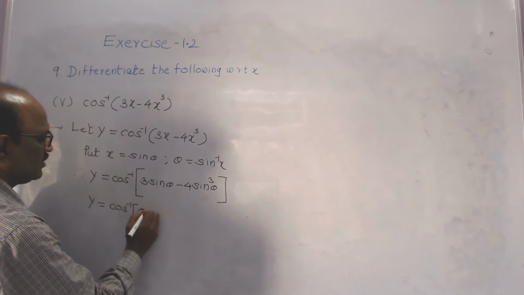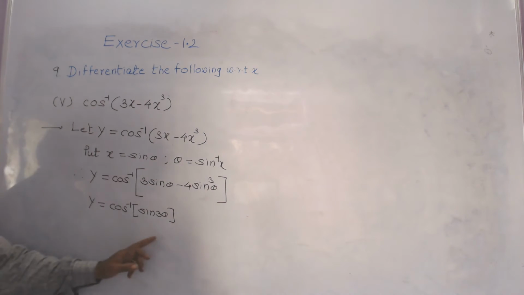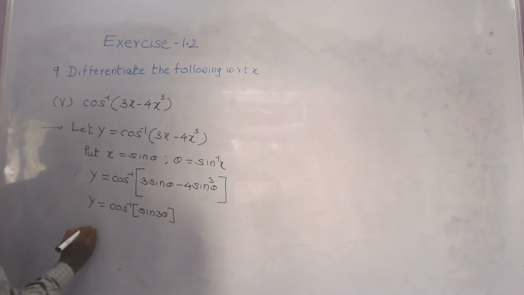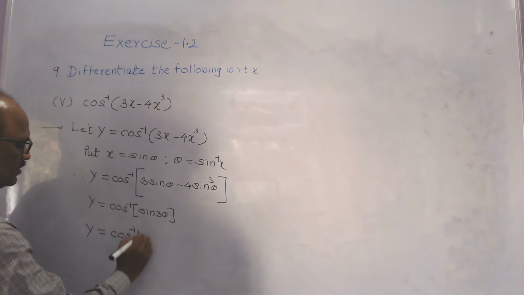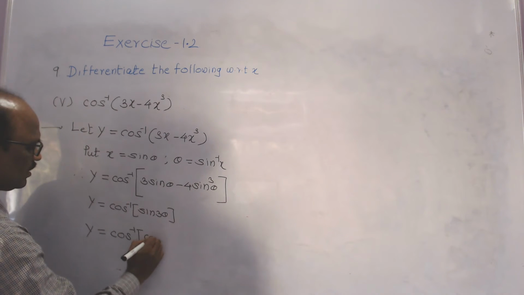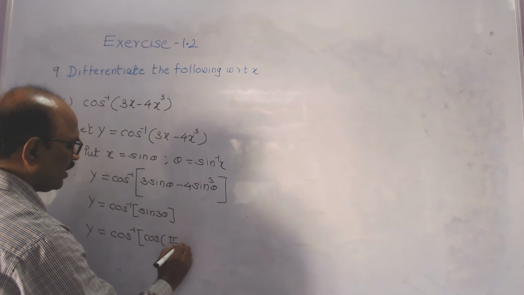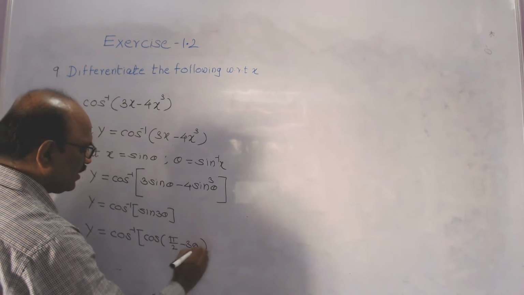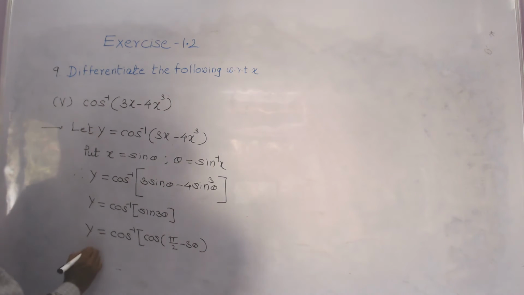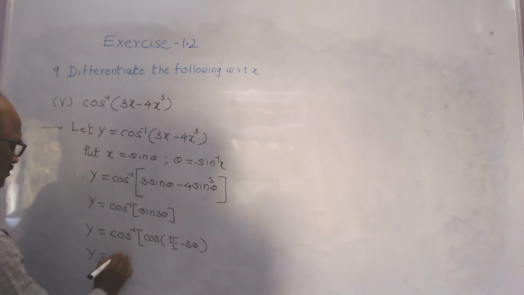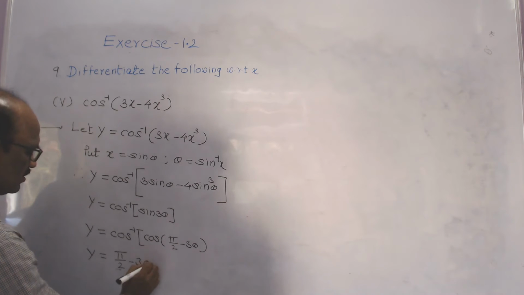This is nothing but sine of 3 theta, and since it is a cos inverse, we can write it as cos inverse in bracket cos of pi by 2 minus 3 theta. Now cos inverse of cos of pi by 2 minus 3 theta is nothing but pi by 2 minus 3 theta.